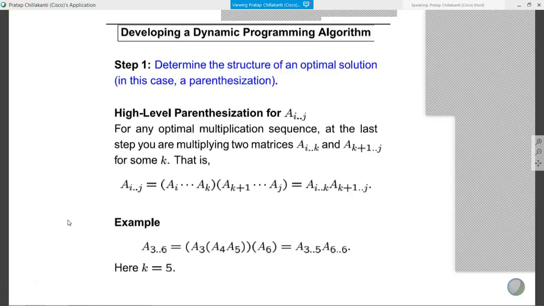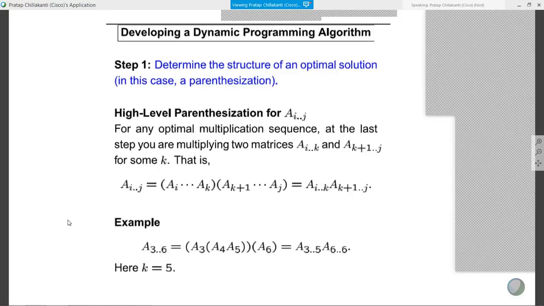So let's look at it. What are we doing for any optimal multiplication sequence? At the last step, you are multiplying two matrices. That's pretty easy to understand. When you had A1, A2, A3, you said, okay, I'll multiply A2, A3 first.